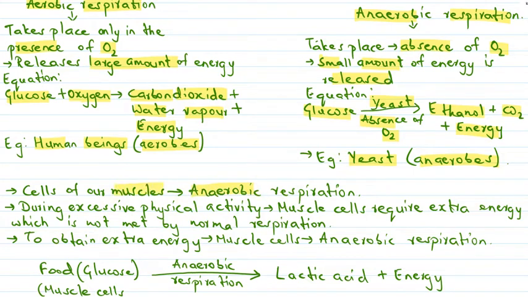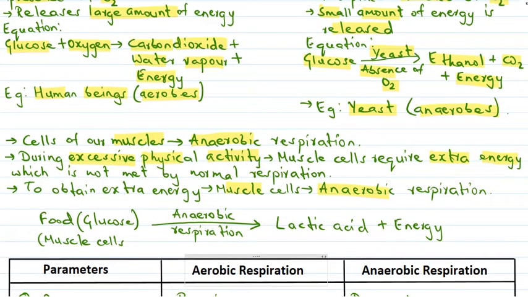During the time of excessive physical activity, our muscle cells require extra amount of energy, and during this time the oxygen level is low. So to meet this extra amount of energy, our muscle cells perform anaerobic respiration. The glucose present in the food is anaerobically broken down to form lactic acid and energy.